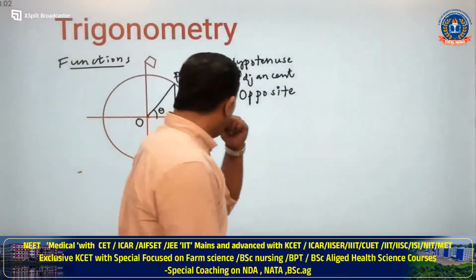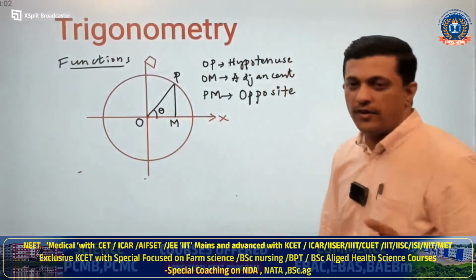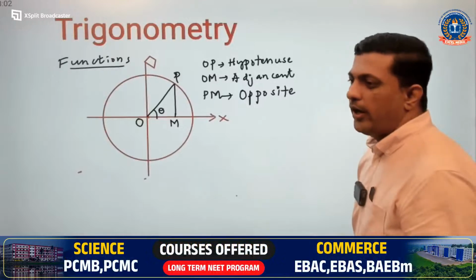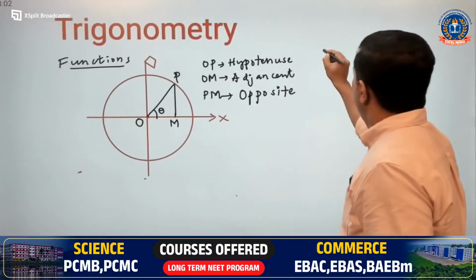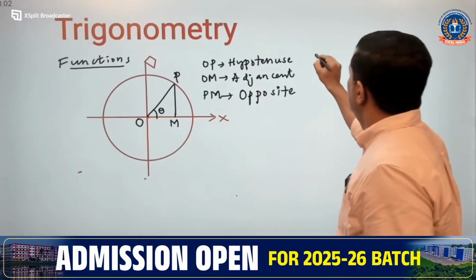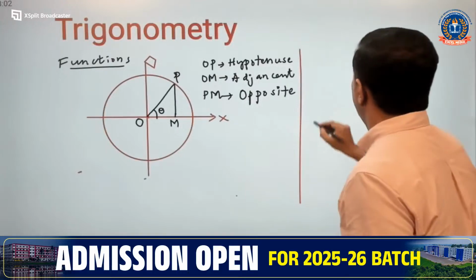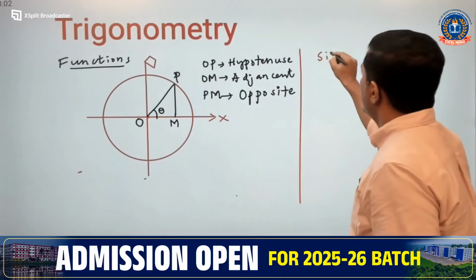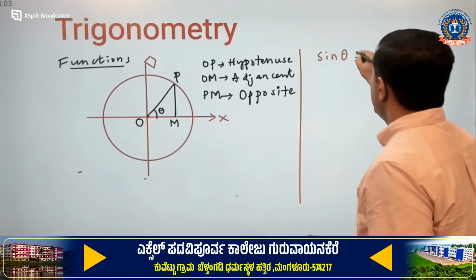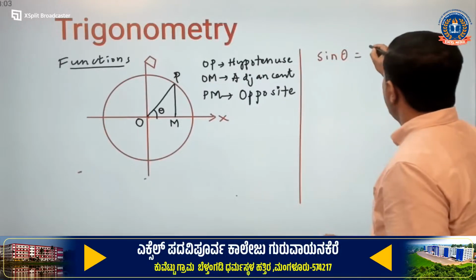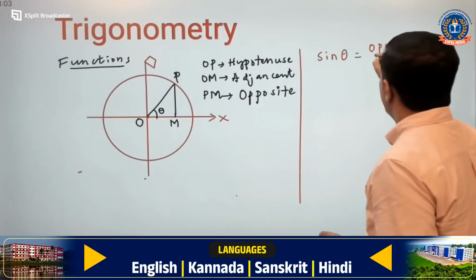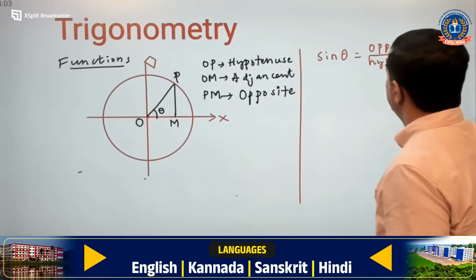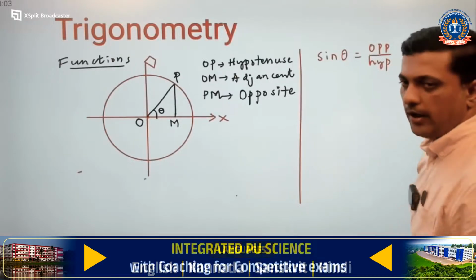Now, if I want to define the sine function, how do I do it? I need to define sine theta. Sine theta is opposite by hypotenuse.